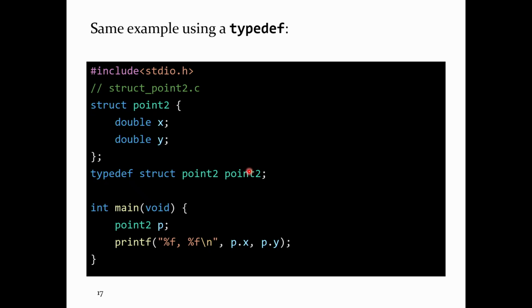In C, that's allowed, because the tag names live in a different space than all of the other variable, typedef, and function names. But now what that means is I can use the word point2 as a variable type. So instead of writing struct point2 here, I can just write point2. And now this runs exactly the same as the previous program. It's just rewritten using a typedef.